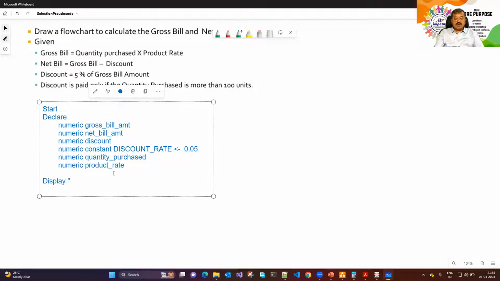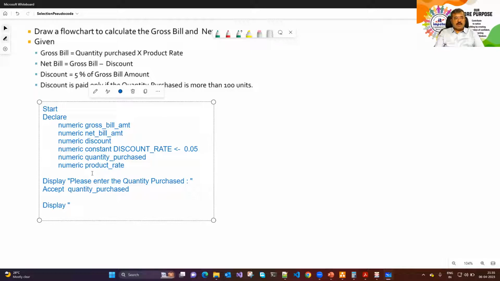Output, put in double quotes: Please enter the quantity purchased. I say accept quantity purchased. Then we'll ask the user to enter the next value.